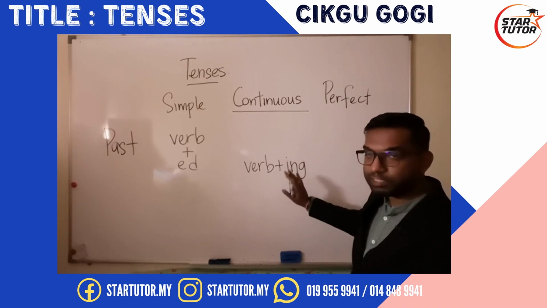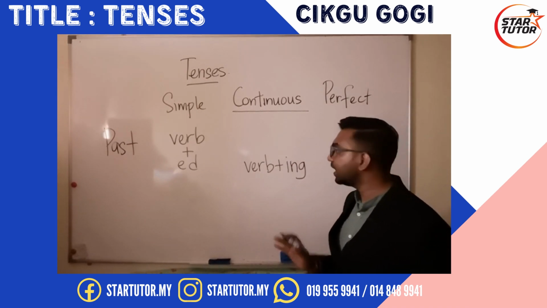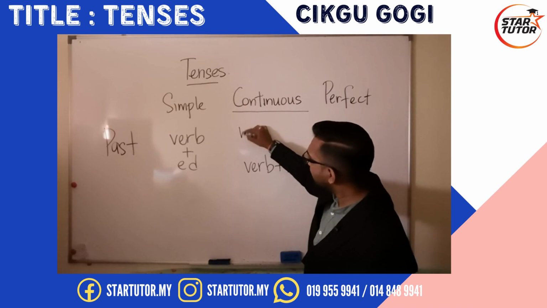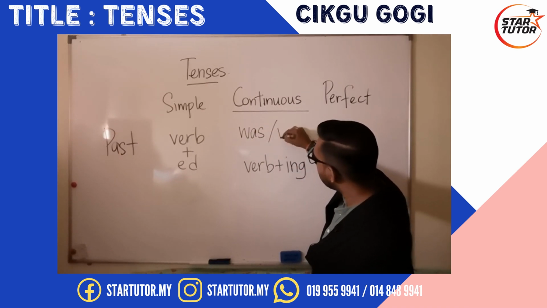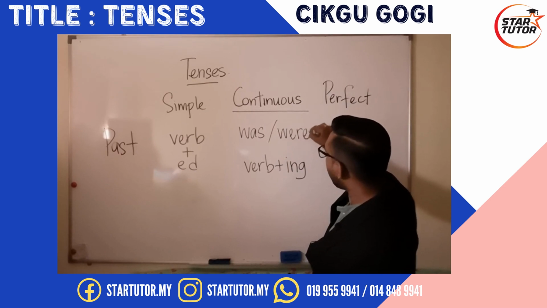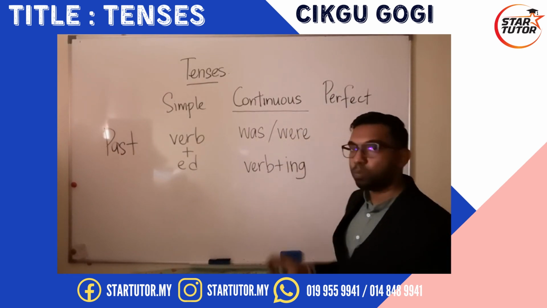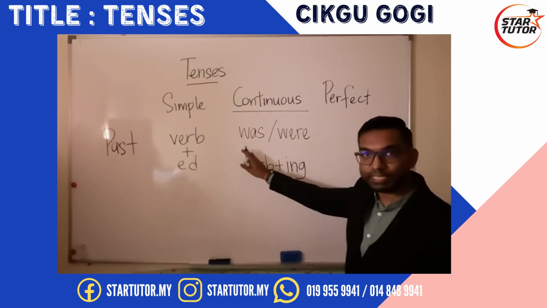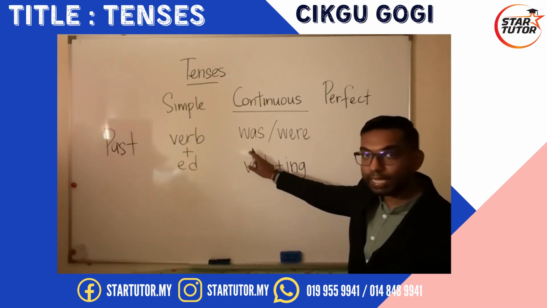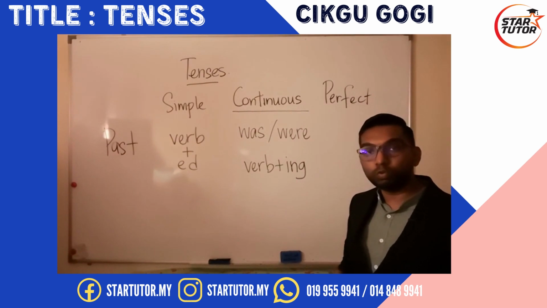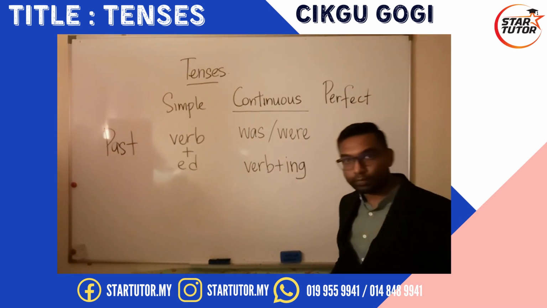But the difference between past tense and present tense is the be verbs. The be verbs that you have to use are was and were. Was is used for singular and were is used for plural.